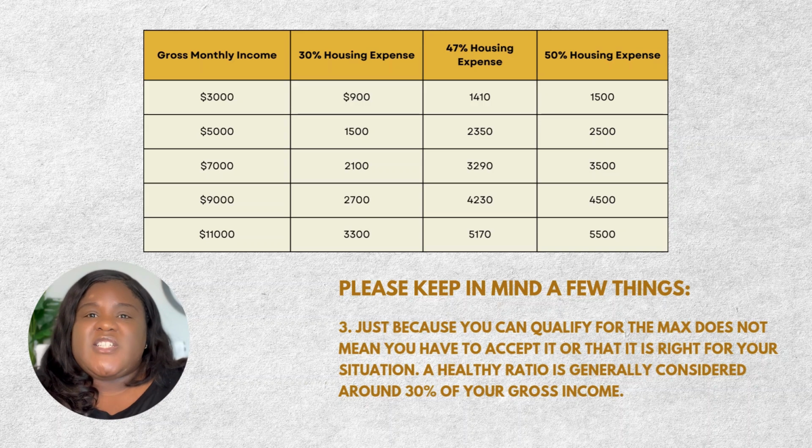A healthy ratio is generally considered around 30% or lower of your gross income. So if you are approved for a higher expense ratio, you have to truly contemplate what life would look like for you with a mortgage encompassing so much of your income. The goal is to make sure that your housing costs aren't eating up too much of your monthly income. And remember, this is gross income. It's not your actual take-home pay.